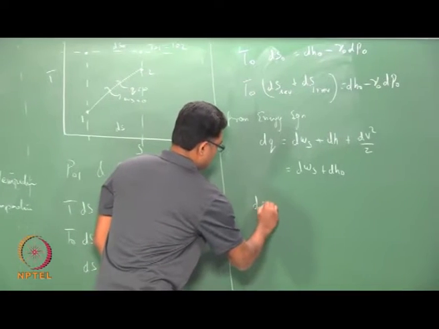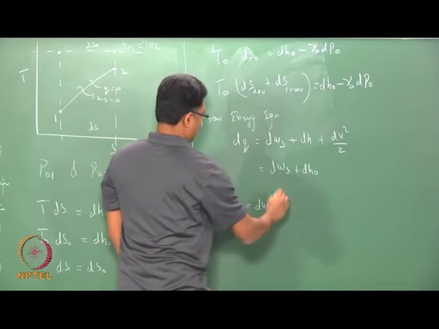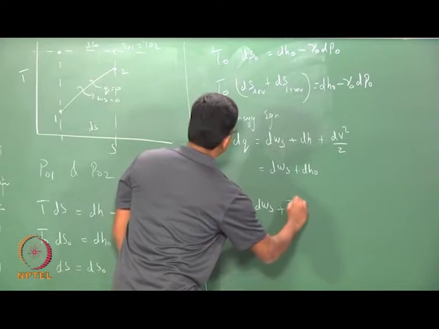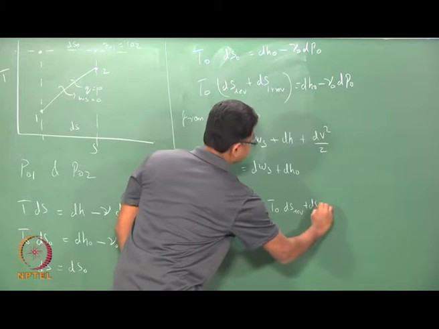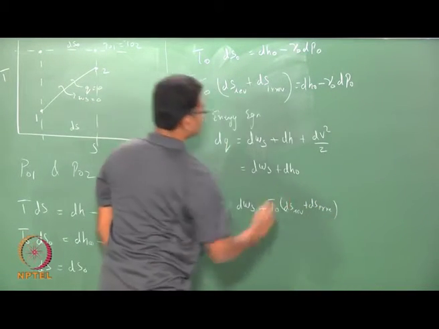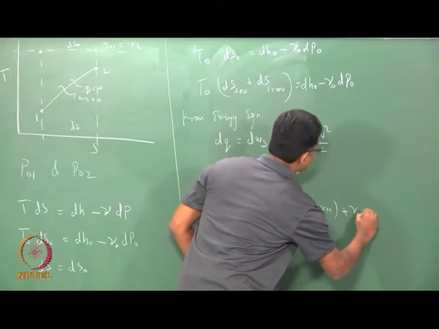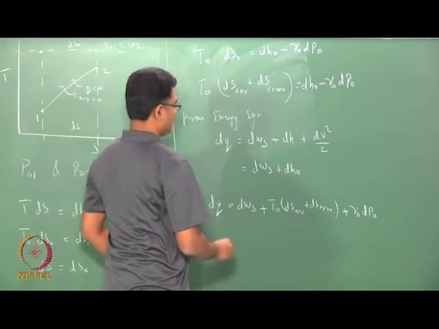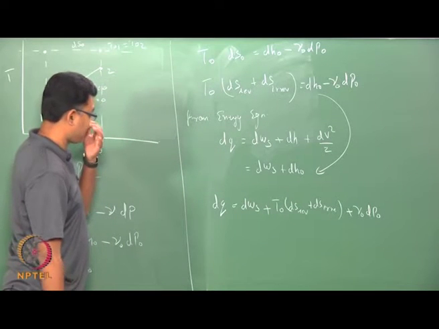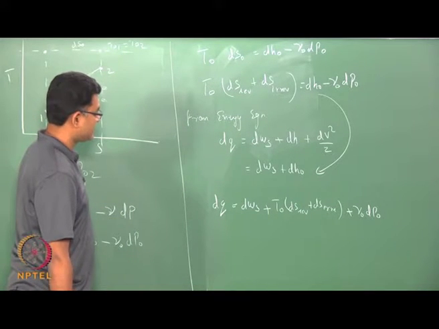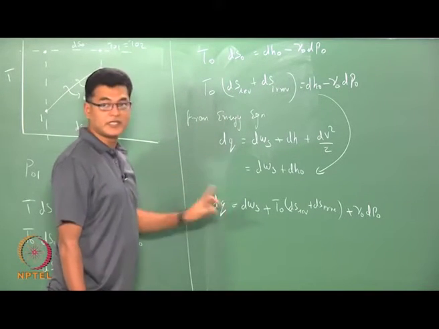So my dq equals dws plus T0 ds reversible plus ds irreversible plus V0 dP0. So I am substituting this here. I have taken the energy equation and from the Gibbs equation I have substituted that.